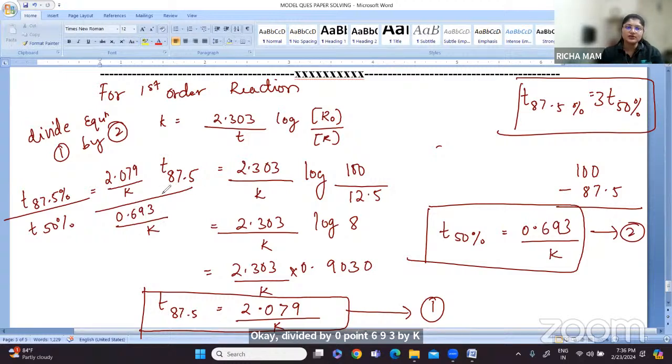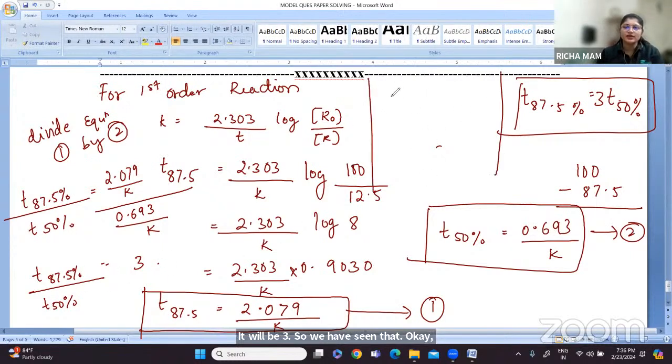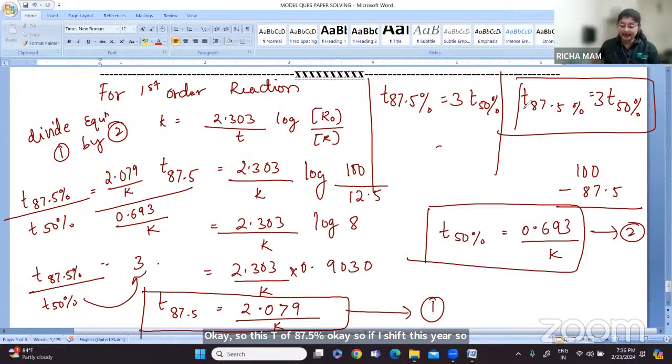So k cancels, and it is 2.079 divided by 0.693, which is 3. So we have seen that t of 87.5% is equal to 3 into t of 50%. Is it clear, students?